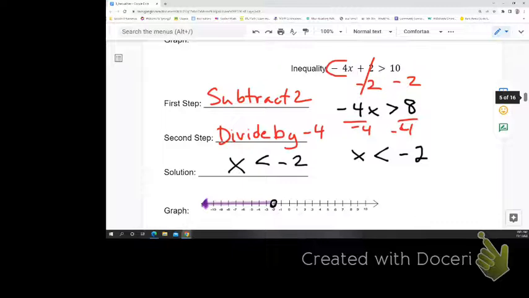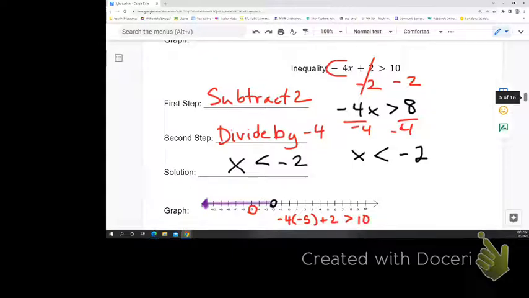Now, maybe here I'm like, wow, this kind of feels weird about changing it. Let me test something. So I would want to test something in my shaded area. Let's say I pick negative 5 again. So negative 4 times negative 5, I'm putting it back in the inequality up there.